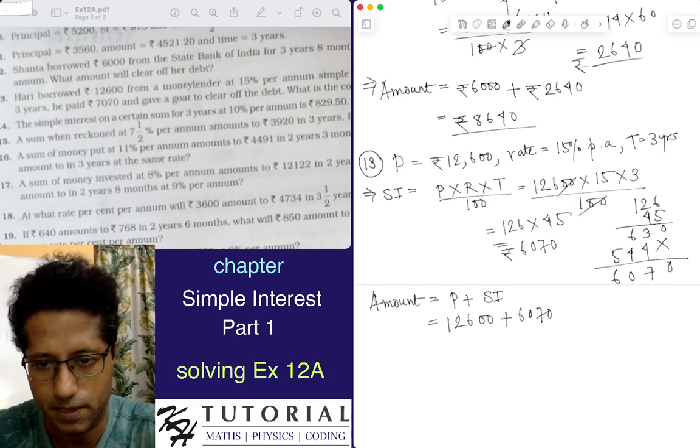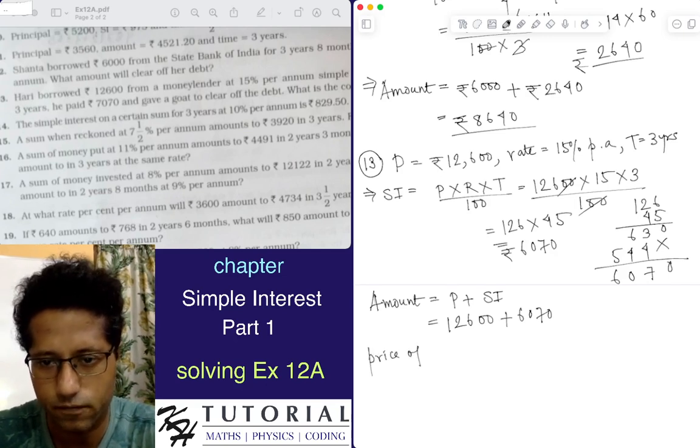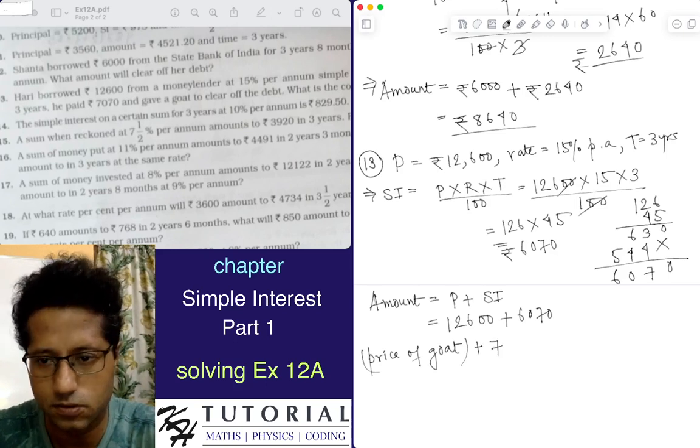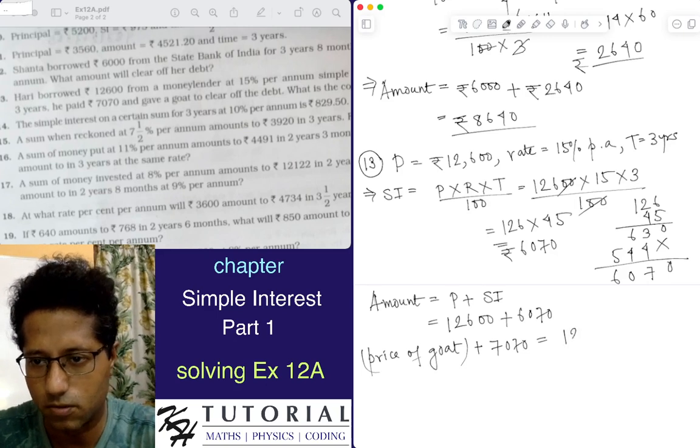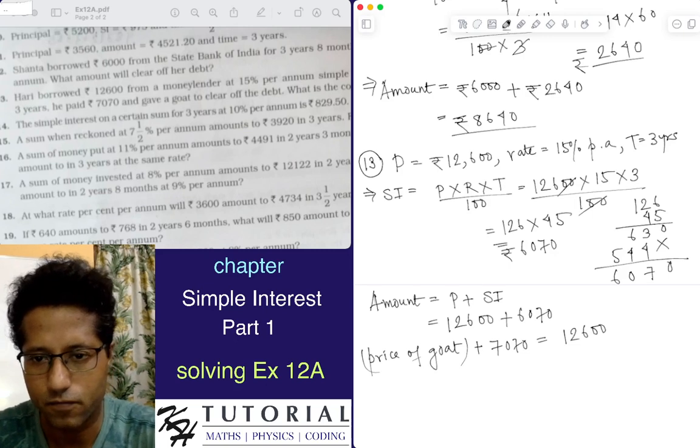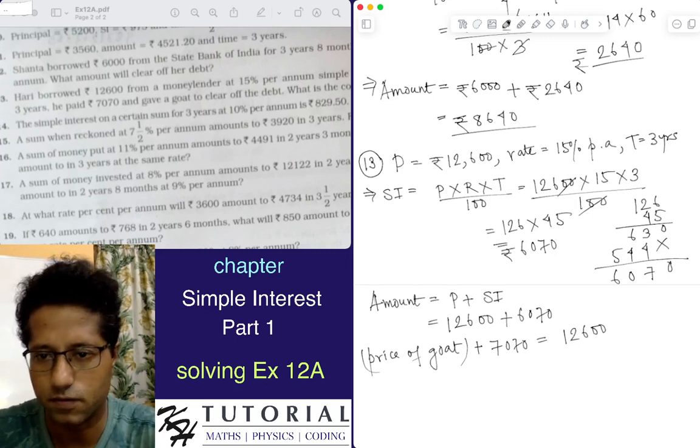Now, the price of gold, we can say from the given problem, the price of the gold plus what Hari gave, 7070, should be equal to the total amount that Hari needs to pay for the money he borrowed, which is 12600, the sum, plus the interest.